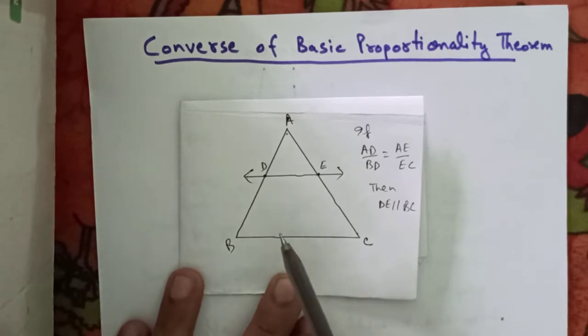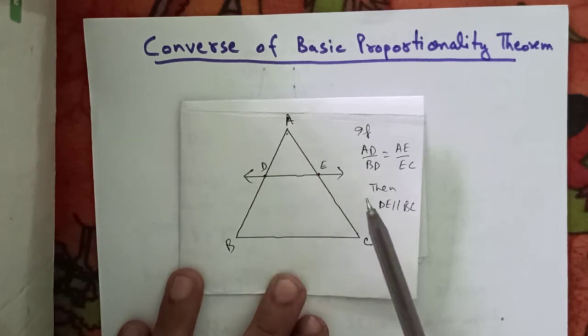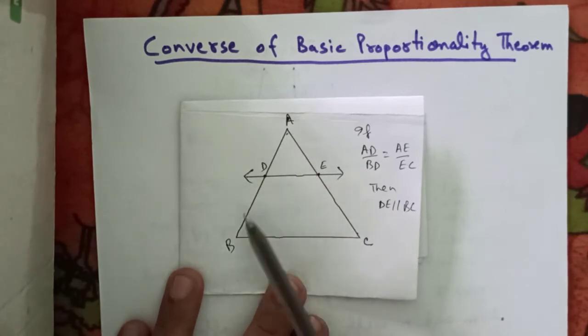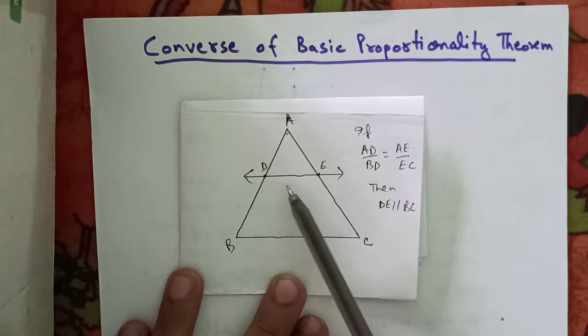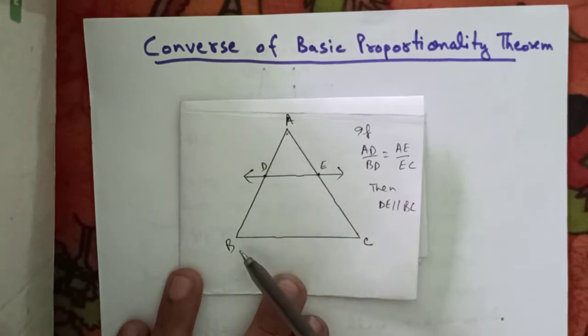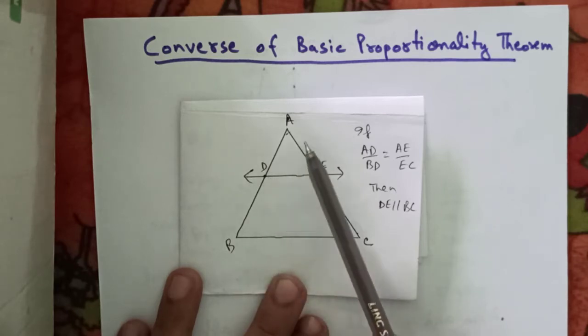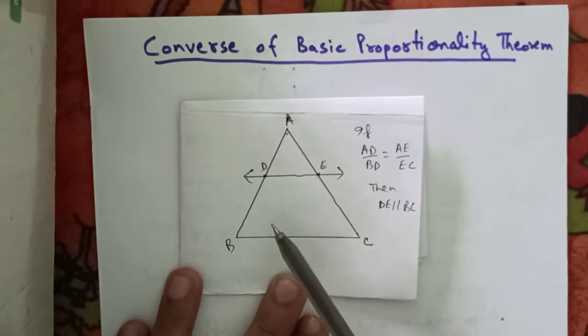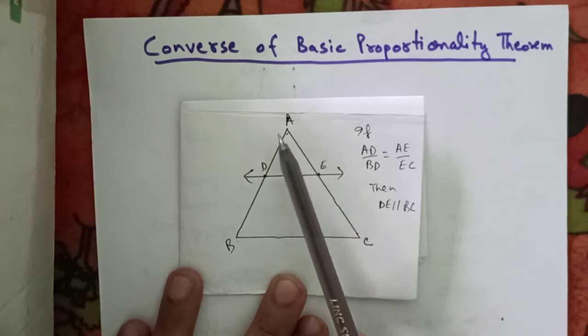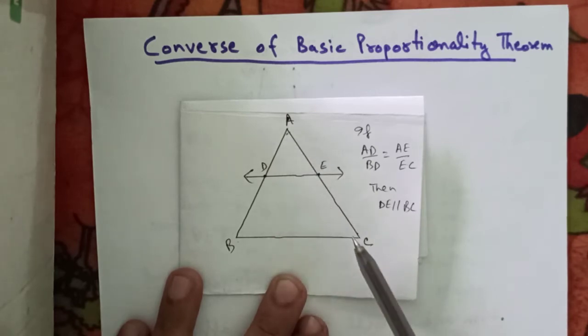This is known as the converse of the basic proportionality theorem. That is, if a line divides any two sides of a triangle in the same ratio, then this line will be parallel to the third side. Like in triangle ABC, the line DE divides the line segment AB into two parts, AD and BD, and it also divides the second line segment AC into two parts, AE and EC.